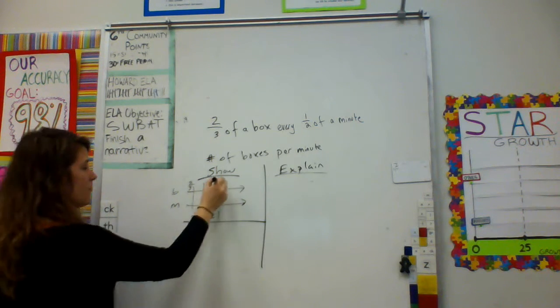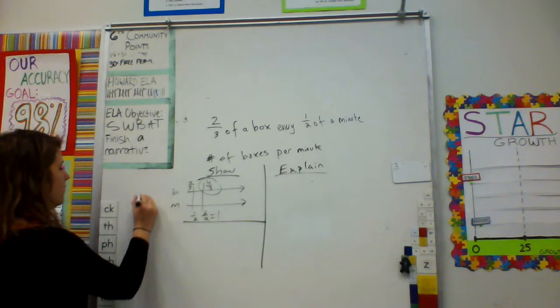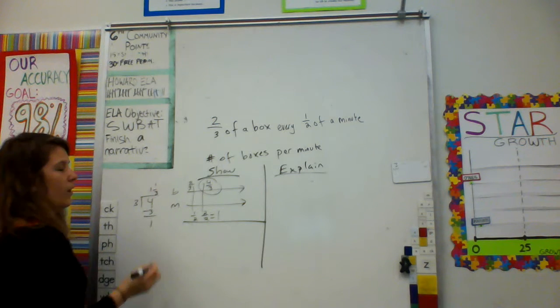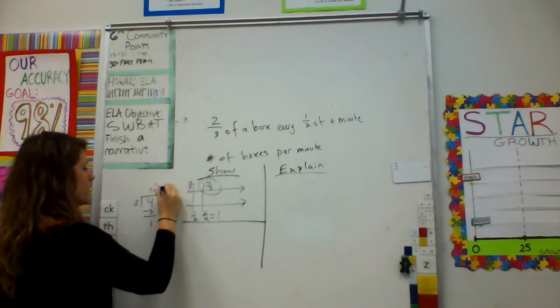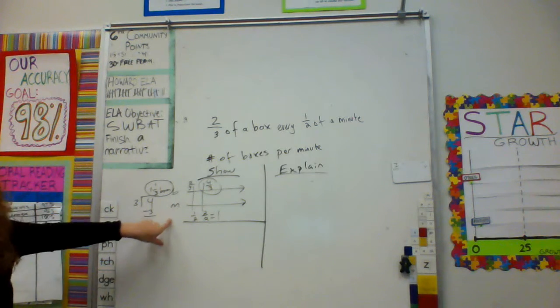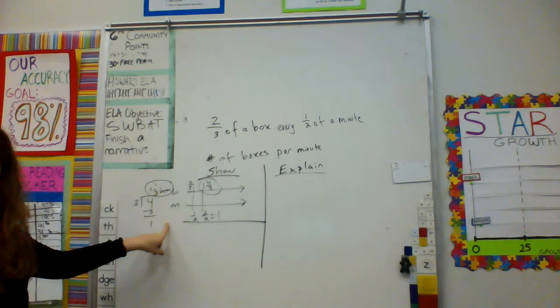My answer is 4/3, but that is an improper fraction, so I must do top in, bottom out. 1 1/3 boxes per minute, and I'll just write BPM. If it said show how you got your answer, you could do it like this.